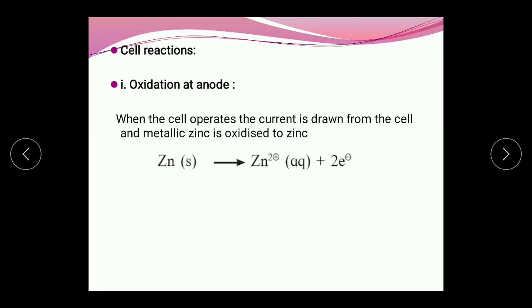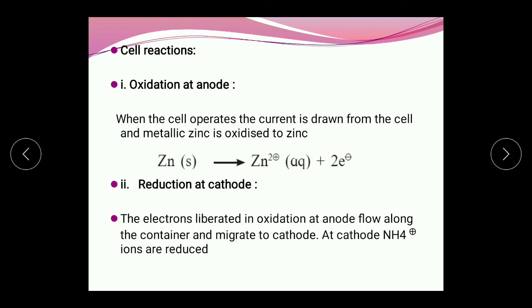What are those? We will see them one by one. I will give you reasons for every reaction. Next we'll see the reduction at the cathode. The electrons liberated in oxidation at the anode flow along the container and migrate to the cathode.